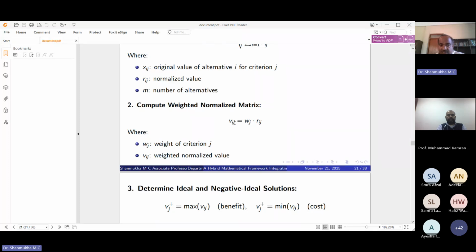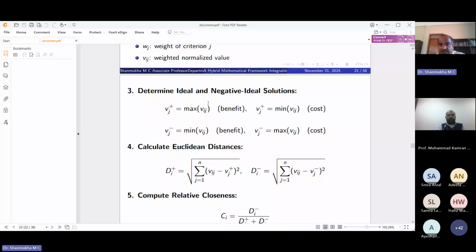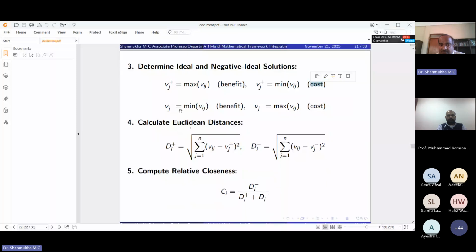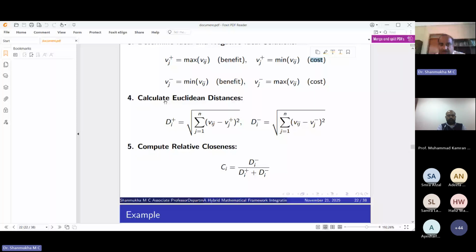Then third step, determine the ideal and negative ideal solution. So Vj plus is equal to maximum value of Vij, and Vj plus is equal to minimum value of Vij. Here maximum of Vij represents the beneficial criteria and minimum of Vij the cost criteria. Then Vj minus is equal to minimum of Vij for beneficial criteria, and Vj minus is equal to maximum of Vij for cost criteria. Then calculate the Euclidean distances di plus and di minus.